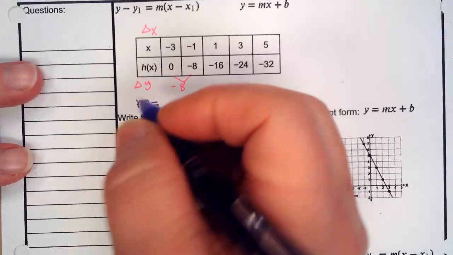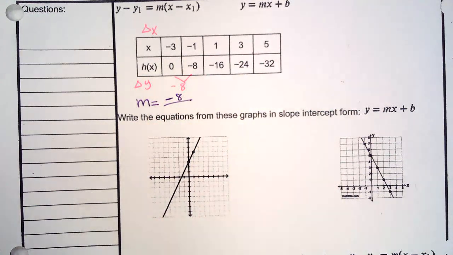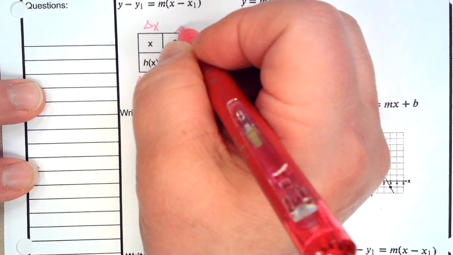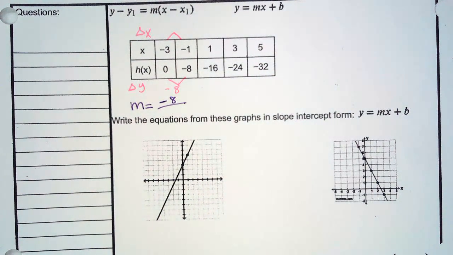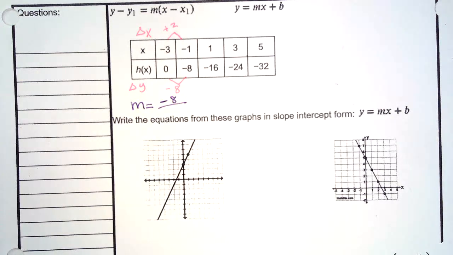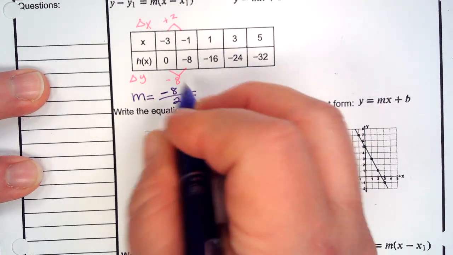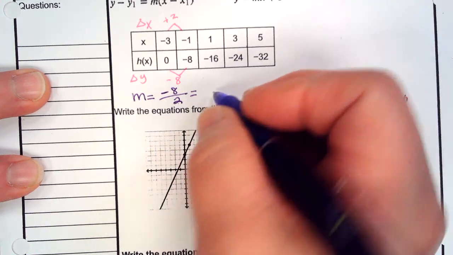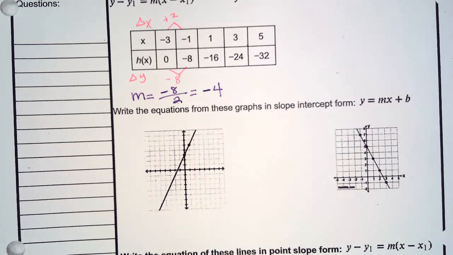So my top number is -8. At the same time, I'm going from -3 to +1. -3 plus what gives me -1? This is +2. Okay, simplify. -8 divided by 2 is -4, so my slope is -4.